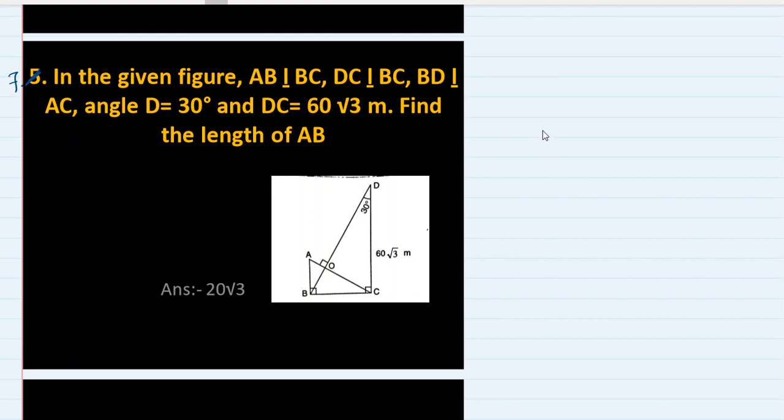In the given figure, AB is perpendicular to BC, DC is perpendicular to BC, BD is perpendicular to AC, and angle D is 30 degree and DC is 60 root 3 meter. Find the length of AB.